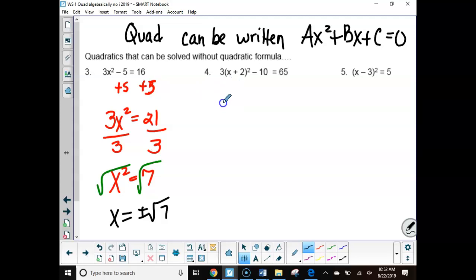Number 4. I put number 4 on a quiz, and every time people do it the hard way. And nobody gets it right most of the time. A lot of times people distribute. Can you distribute first there? What's the order of operations they have to do before you can?